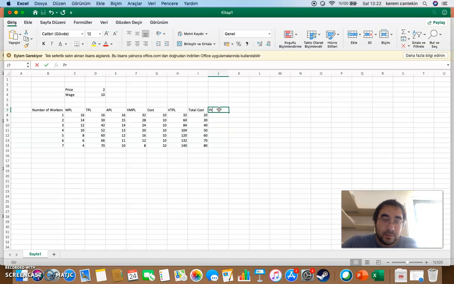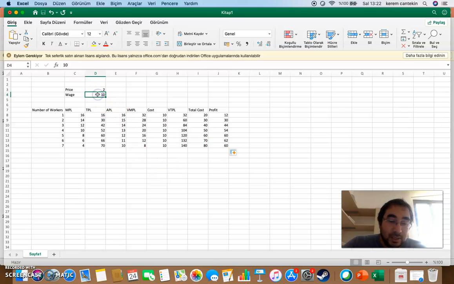So profit is total revenue minus total cost. As you see, up to the point when our employer hires 6 workers, the profit increases. But when our employer hires the 7th worker, the profit level decreases.